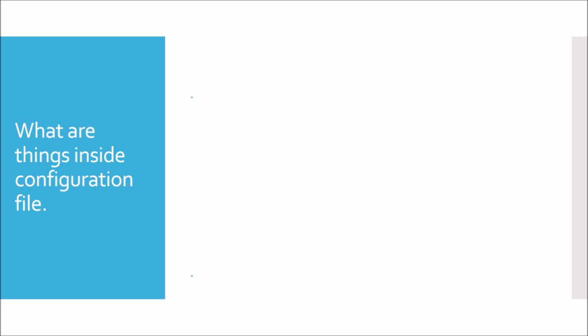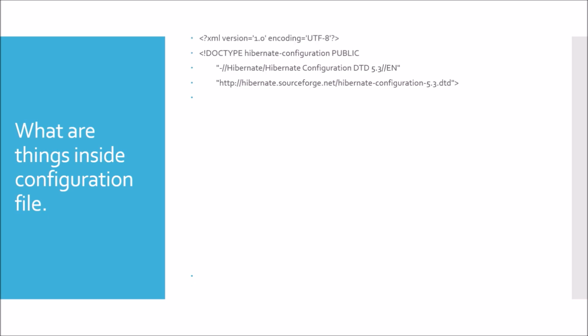Hibernate.cfg.xml is a configuration file and it contains all the configurations for Hibernate. So first tag would be XML tag and then you have hibernate-configuration. When you say this hibernate-configuration tag, this is what an interviewer looks or wants to listen.